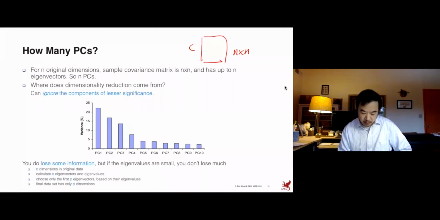If you plot their eigenvalues, remember the eigenvalues correspond to the amount of variance in that particular direction, you can see how much variance is carried in each direction. Typically people observe that the variance drops very quickly across the principal components. Maybe after 10, the rest is just residual.